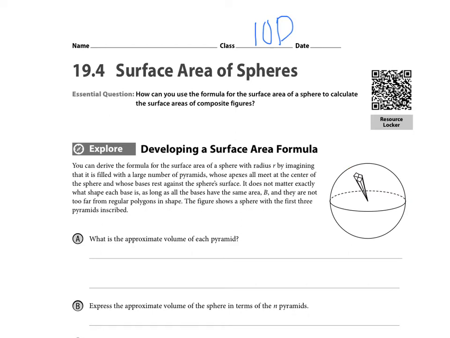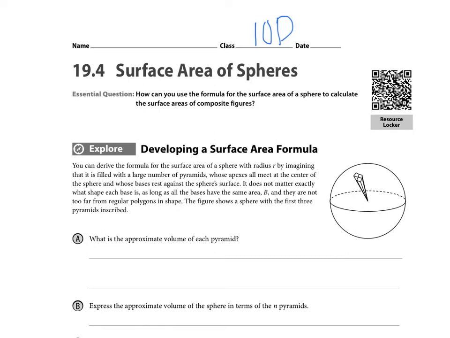And what they've basically done is they've taken really tiny and really skinny little pyramids and approximated just a few of them. There's only 3 of them you can see there. But you're to basically visualize that you've got a whole bunch of pyramids coming down to a point, they call it the apex of the pyramid, that all of those points come together at the sphere's center, okay?